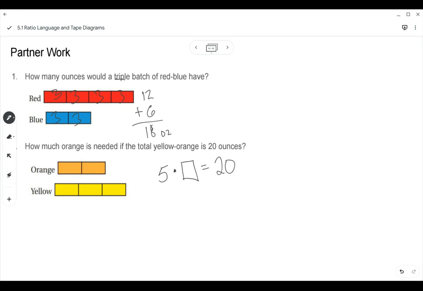Well, 5 times 4 would give us 20. So I'm going to put a 4 in each of the boxes. So orange would have 8 ounces, yellow would have 12 ounces, and if I add those together, I do get 20. But the question asked for how much orange, so my answer is 8 ounces of orange.